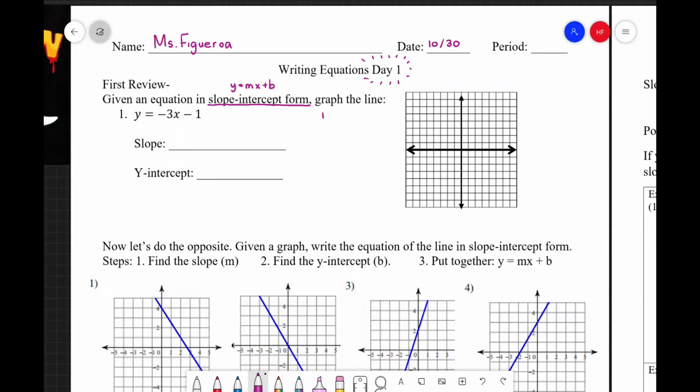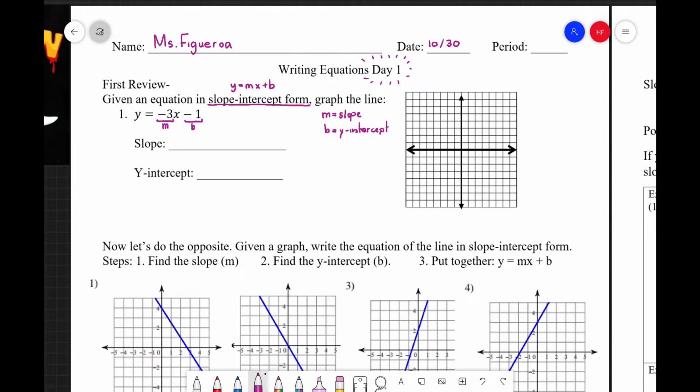M is our slope, and b is our y-intercept. That's why we call it slope-intercept form, because we have both of those things in the equation. M is the one with the x. So this is my m, and this is my b.